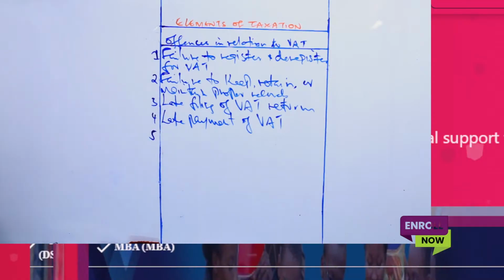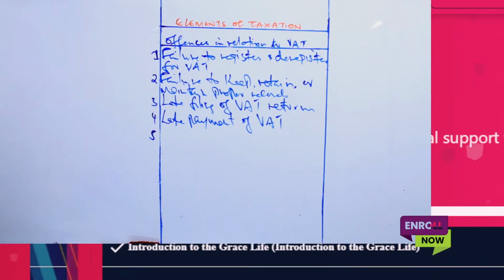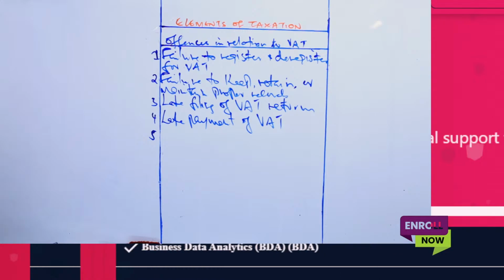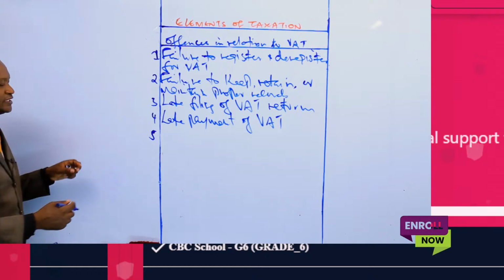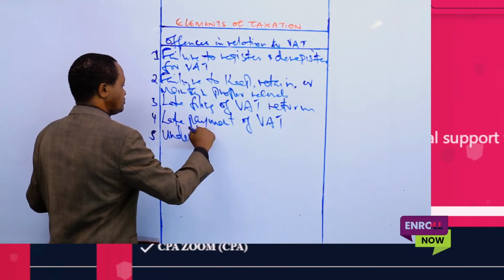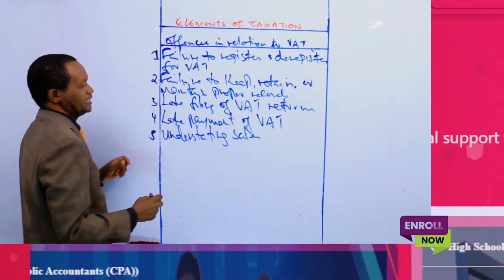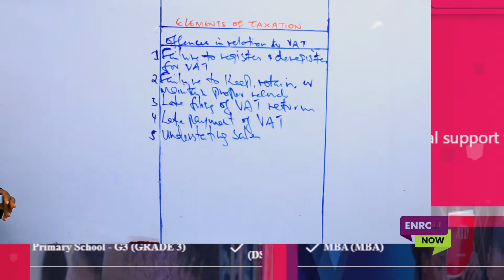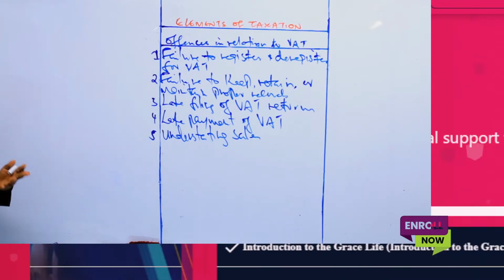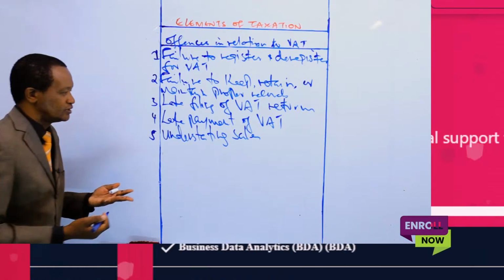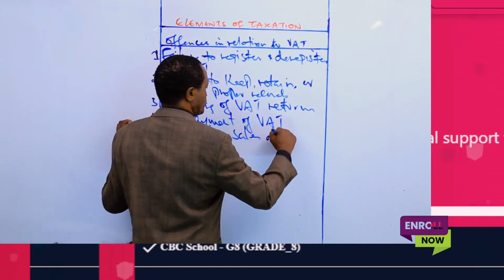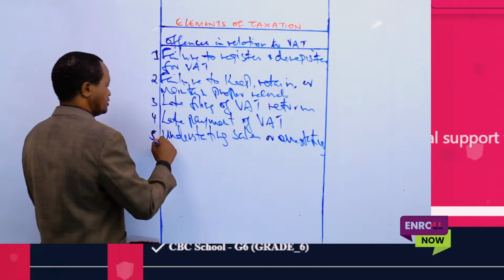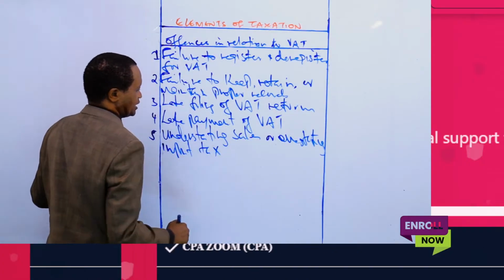Offense number 5 is understating sales, or overstating input tax.